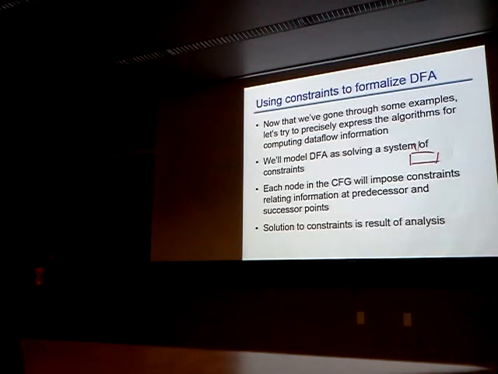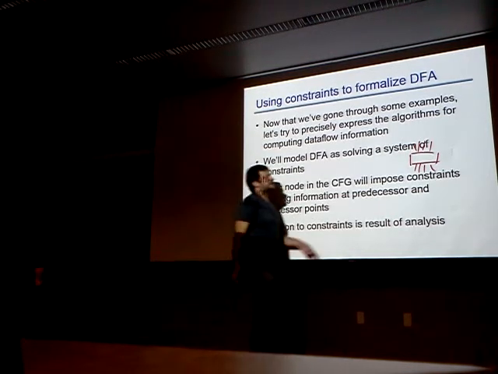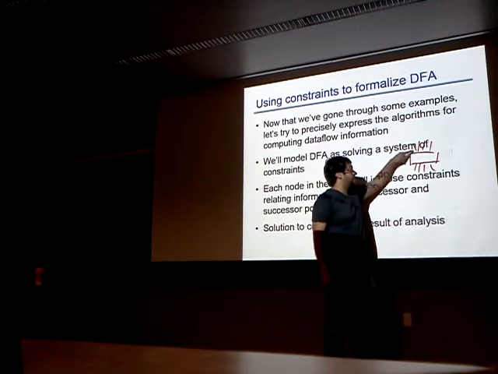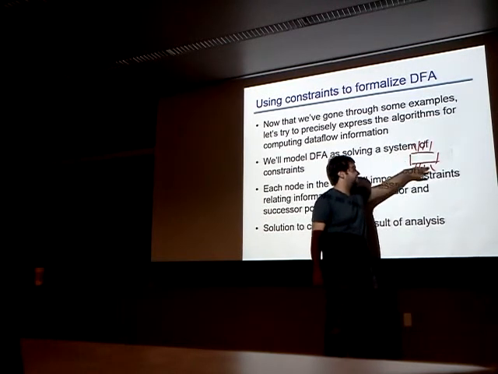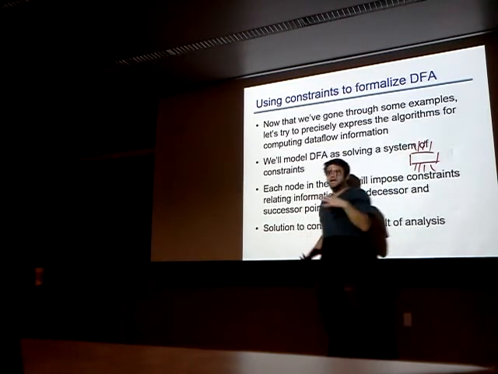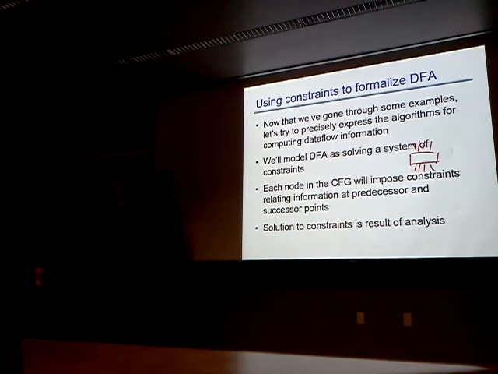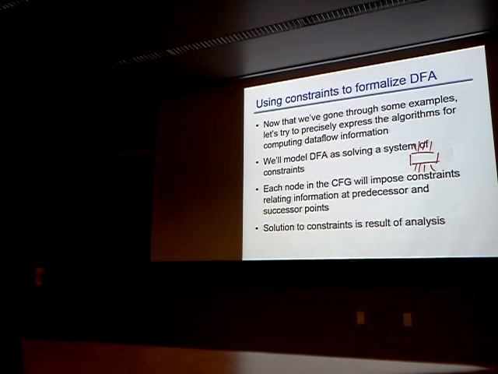We're going to write constraints, for every kind of statement, that relate the information on the incoming edges with the information on the outgoing edges. That will tell us how each statement affects the information that we are computing. Once we have all these constraints, we're going to solve them, and the solution to these constraints will be the results of our data flow analysis.